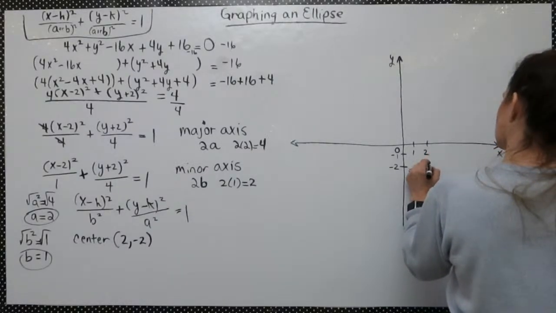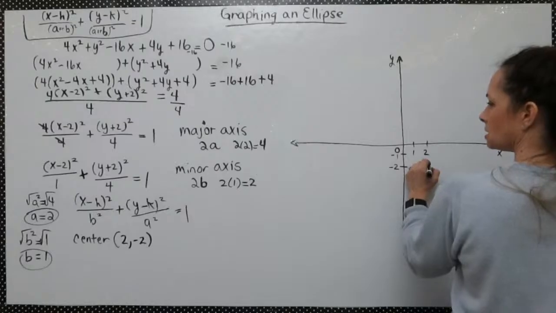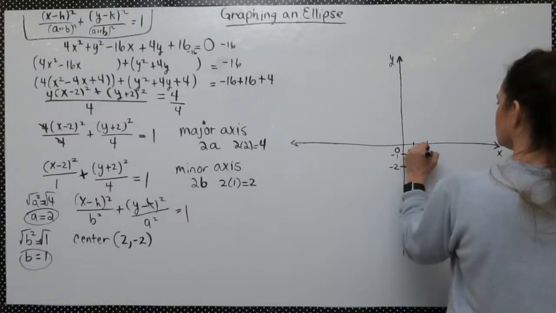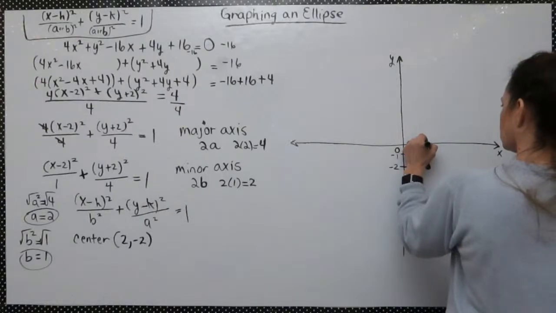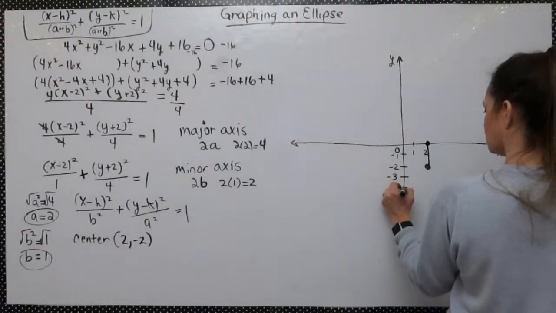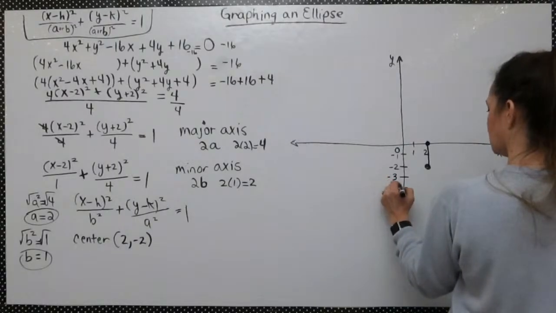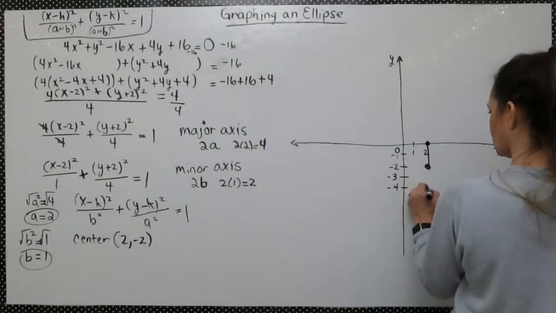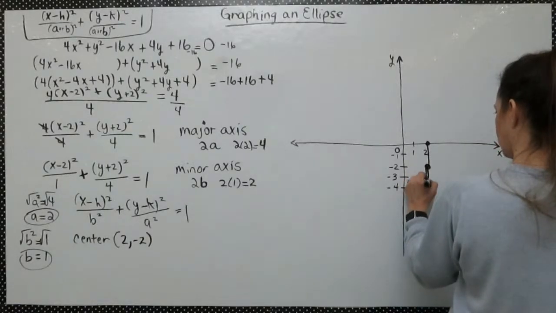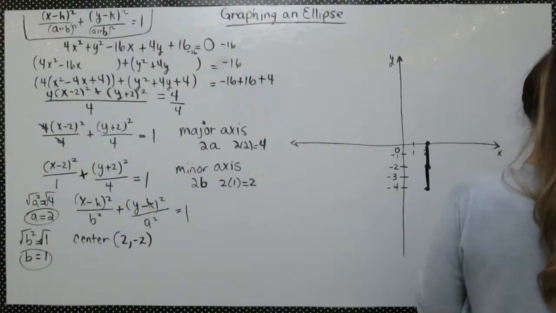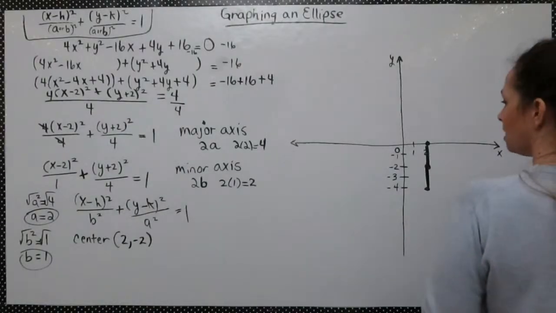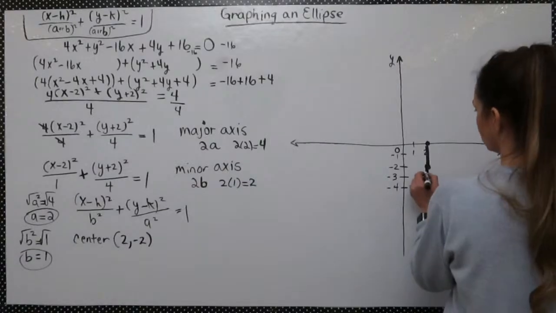Because what they're saying is, A was 2, right? Okay, so we're going to go in this direction and then to this direction. And it's saying our major chord is going to be from here to here. Okay, I drew that really thick. And then B is only 1 unit.